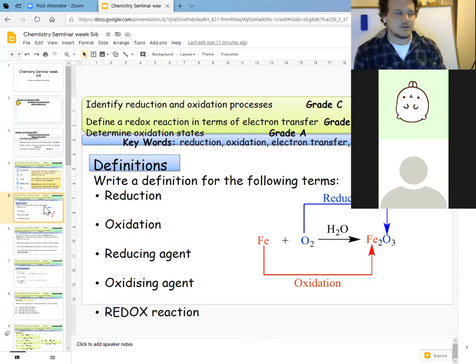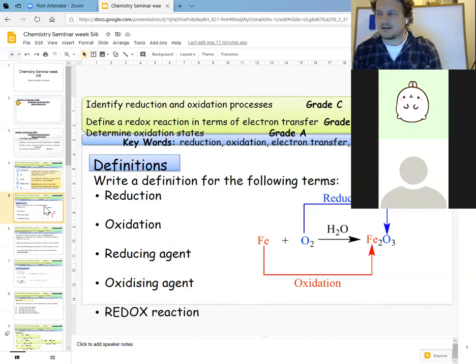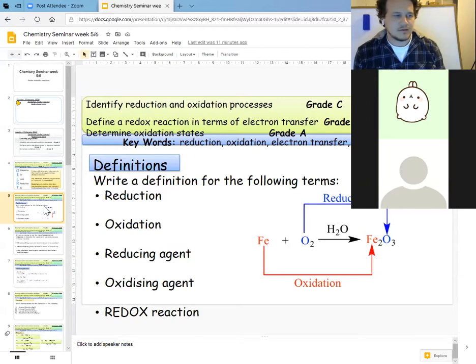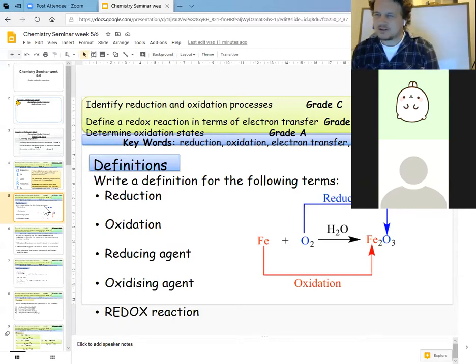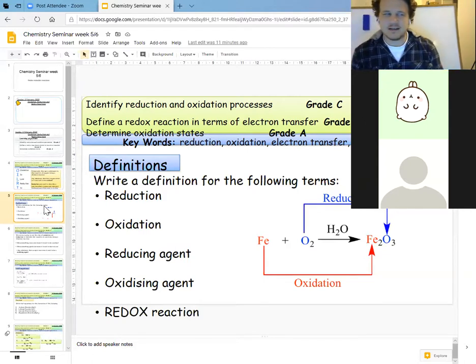So I'll give you a hint for a couple of them. A redox reaction is a reaction in which there has been a transfer of electrons somewhere. So what I want you guys to, you know what reduction is, gaining electrons, oxidation is losing electrons. What is a reducing agent and what is the oxidizing agent? That is your question.